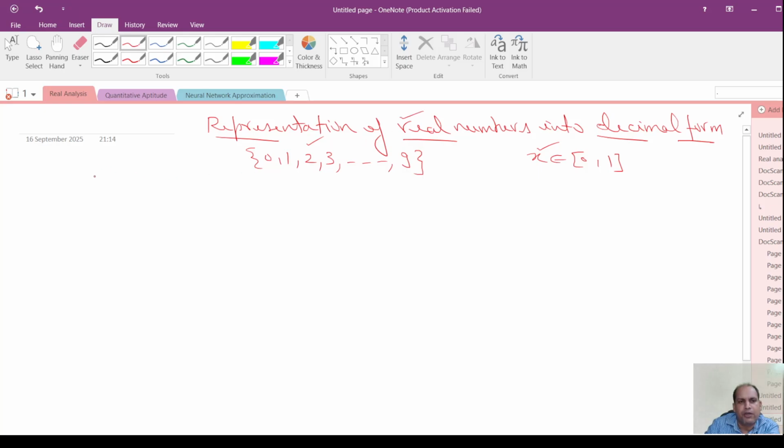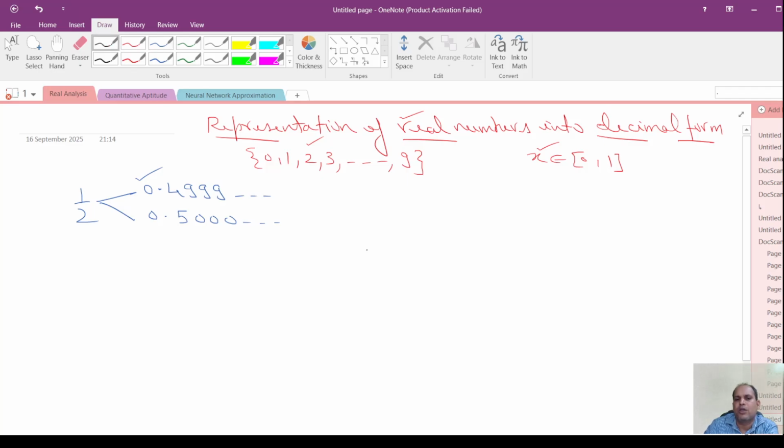Now, let us try to understand with the help of some examples. We know that half has two representations, one is 0.4999 and so on, with all digits ending in 9, and the other representation is 0.5 and then it ends in zeros. The question is, from where do we get such representations, and what is the technique?